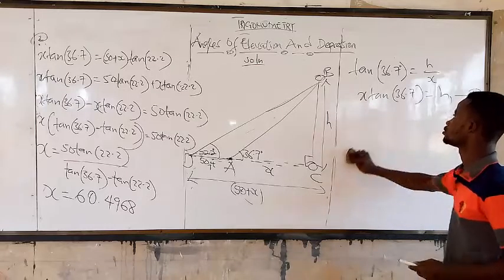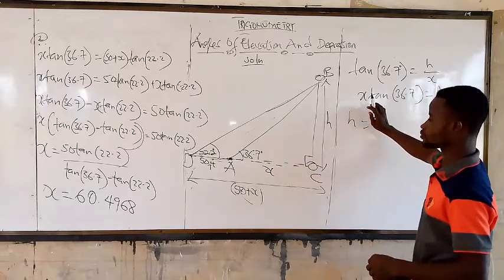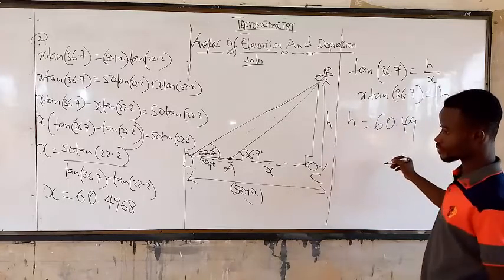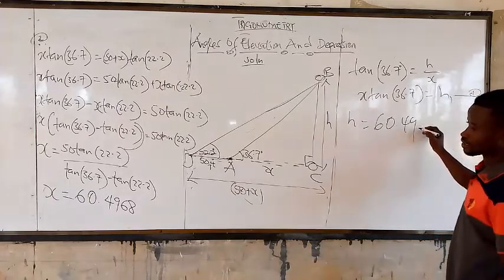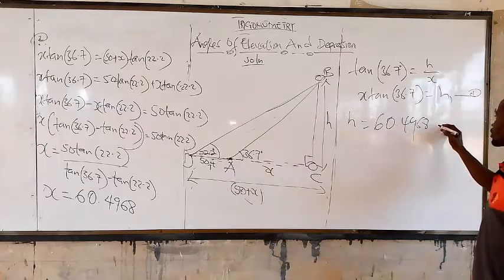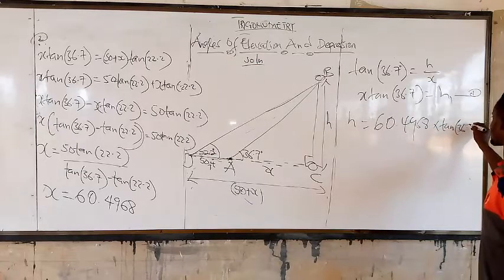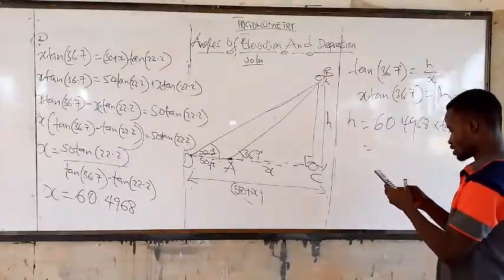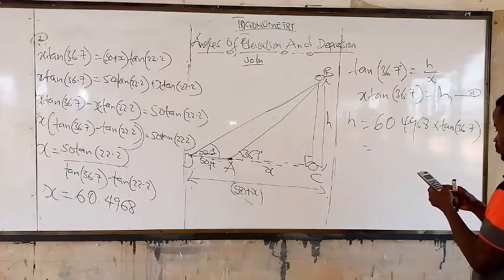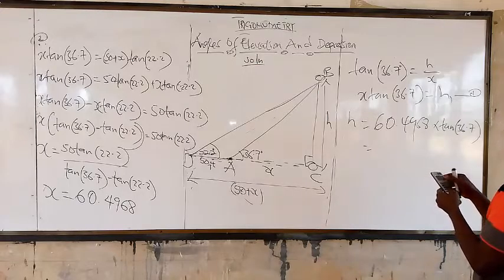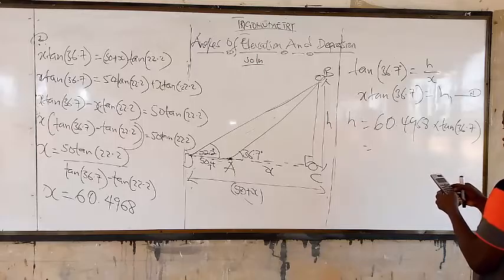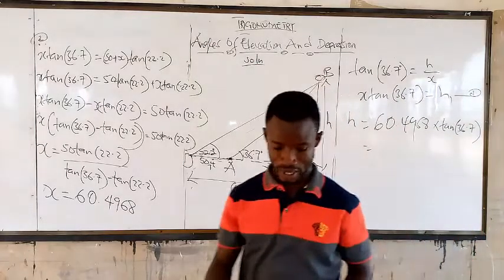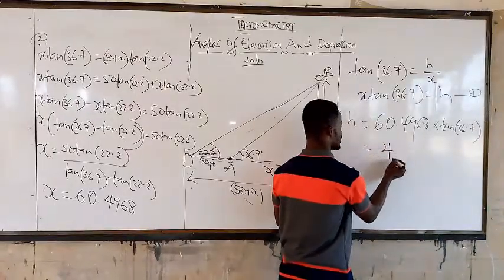In equation 1, we know that H is going to be S, which is 60.4968, times tan 36.7, and finally we are going to get 45.